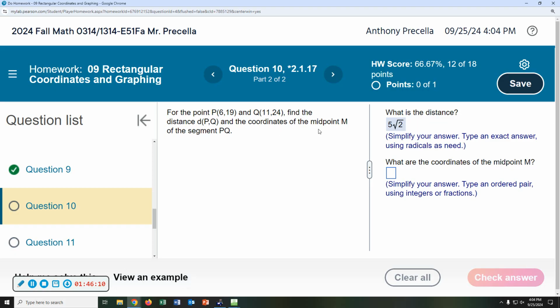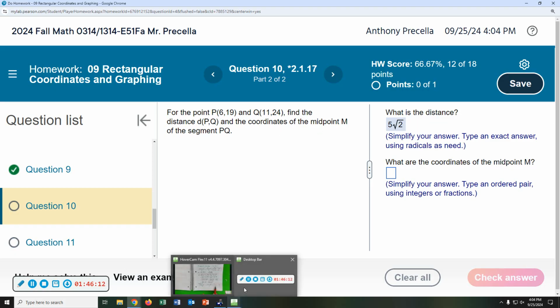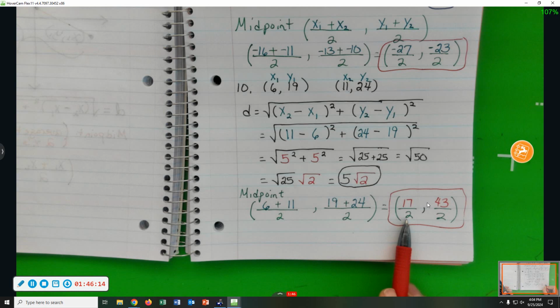So the point right in between would be 8.5 and 21.5. So if you plotted these two points, 8.5 is midway between 6 and 11, and 21.5 is midway between 19 and 24.